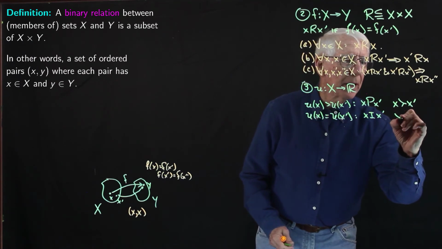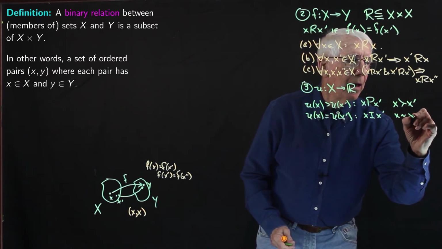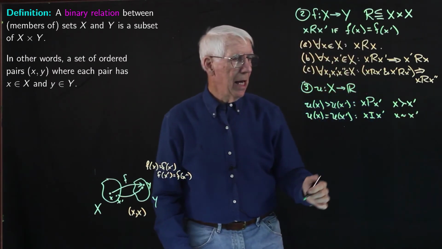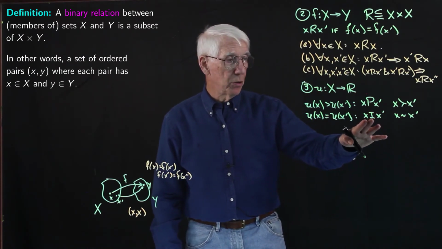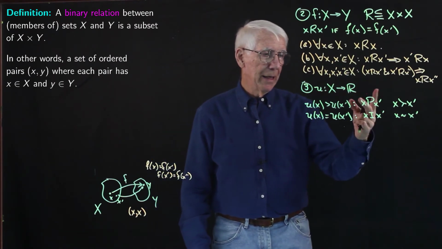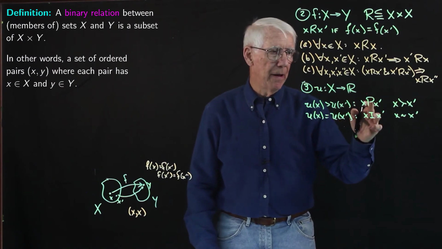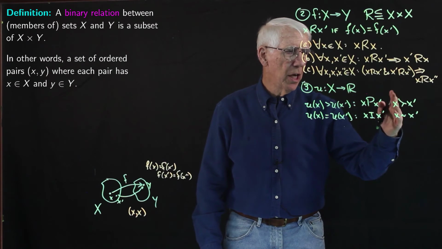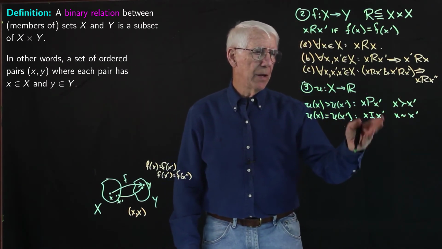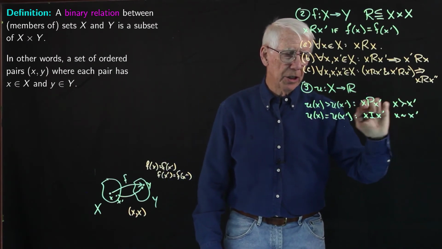And we would typically write that this way as an alternative perhaps to using I. So in a sense, I've got two different symbols now for the same exact relation. P, or this curly greater than, I, or this little tilde.